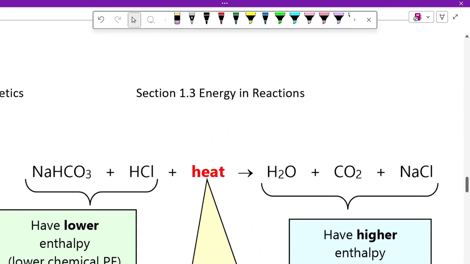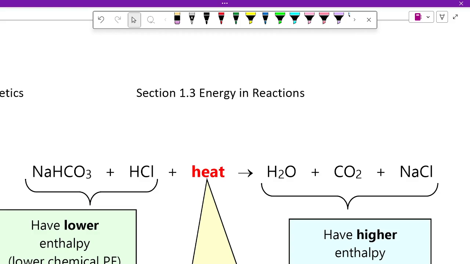What kind of a reaction is this one? Tell your partner. I'm going to start drawing cards. Is this an endo or an exothermic reaction?